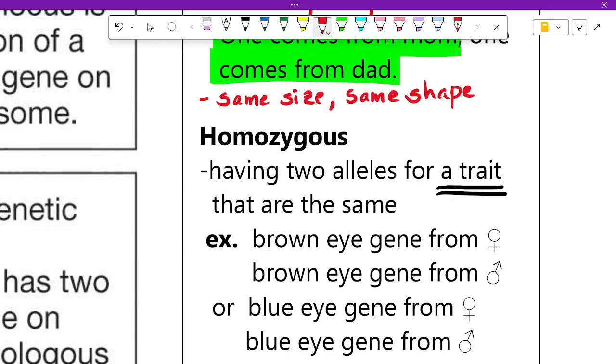What does homo mean? Same. And it means you have the same alleles.